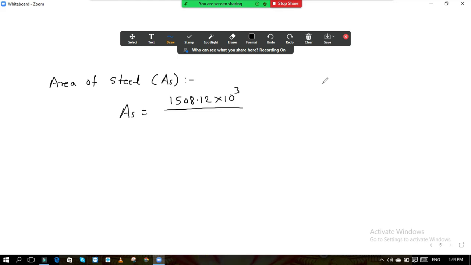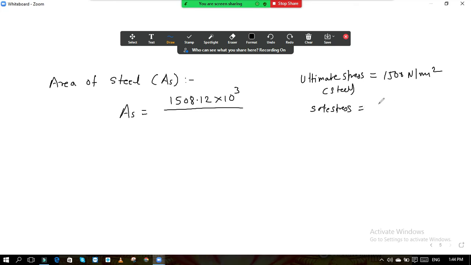What is the safe stress in steel? The ultimate stress in steel, if you see the problem, is given as 1500 Newton per mm square. This is the ultimate stress. The safe stress is 60% of this.